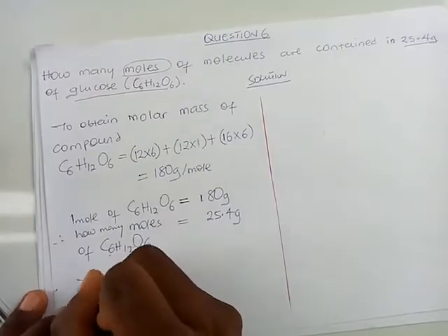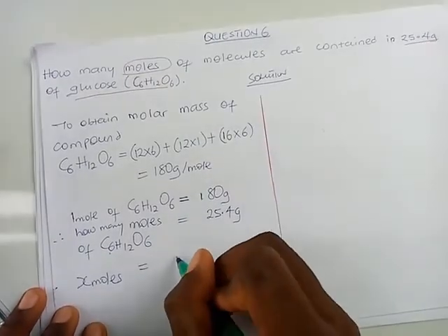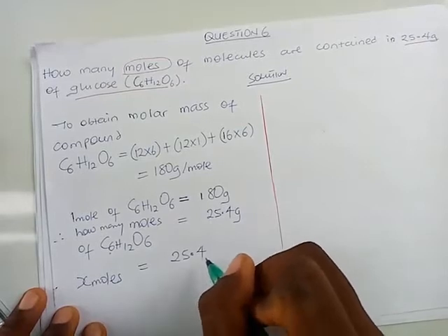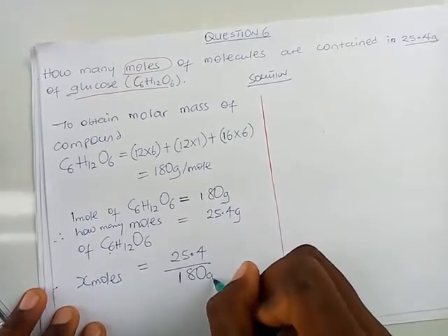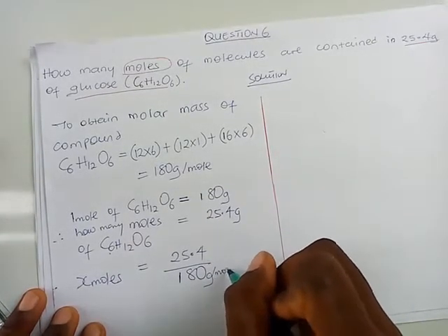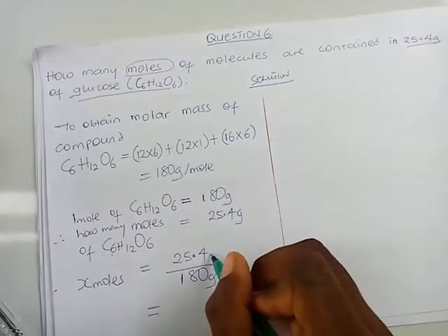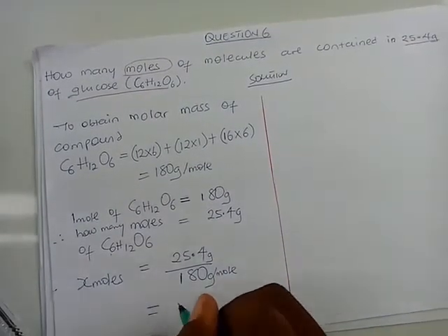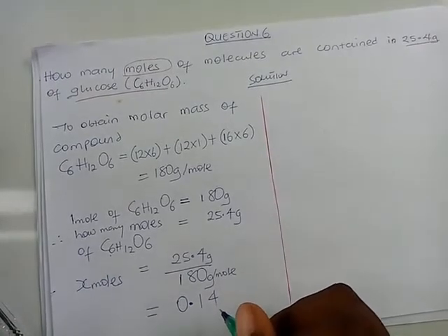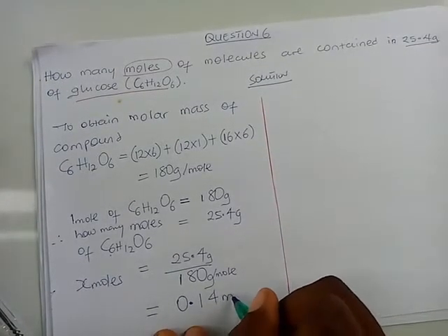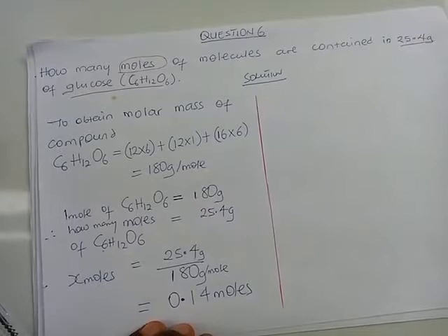So what we'll have is that x moles, that's the unknown number of moles, is equal to... therefore we'll have... from here you can already see that the answer to this is 0.14 moles.